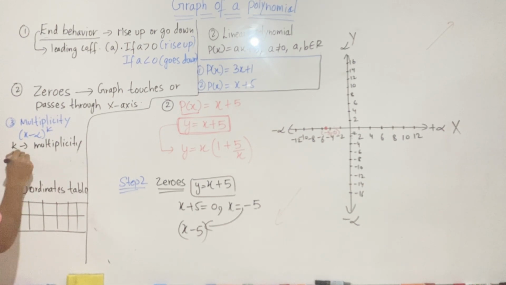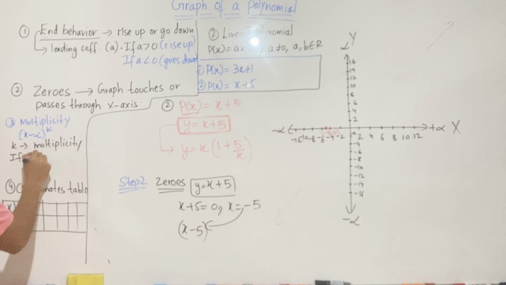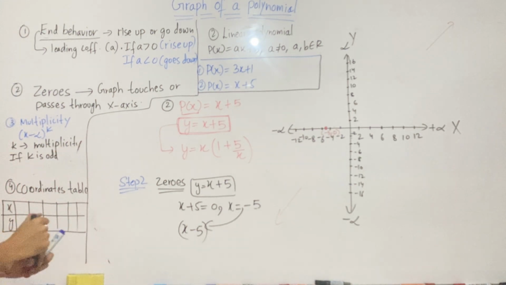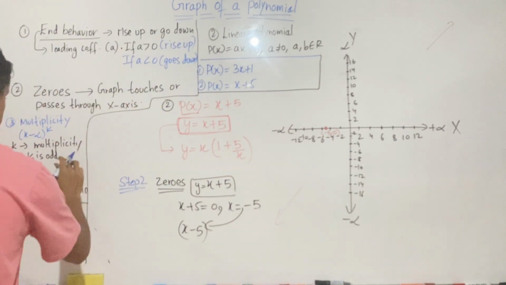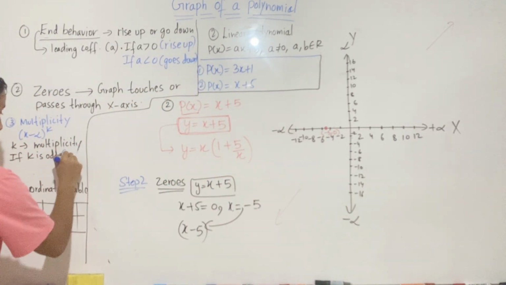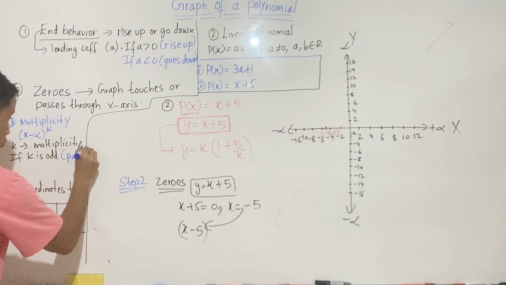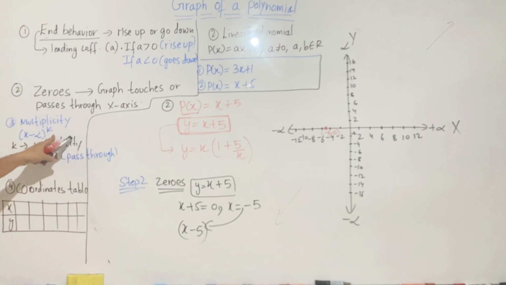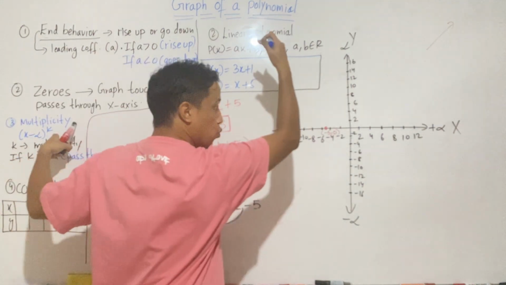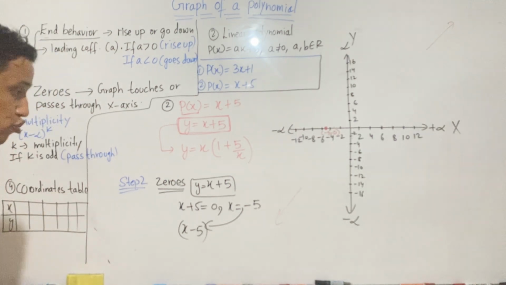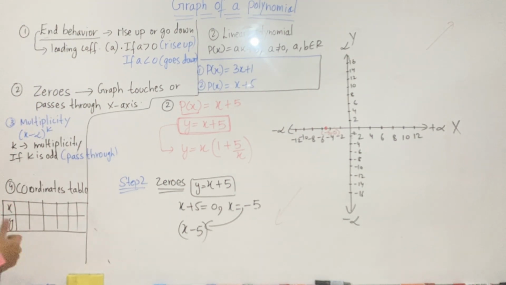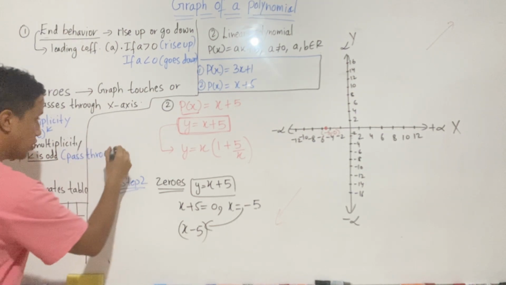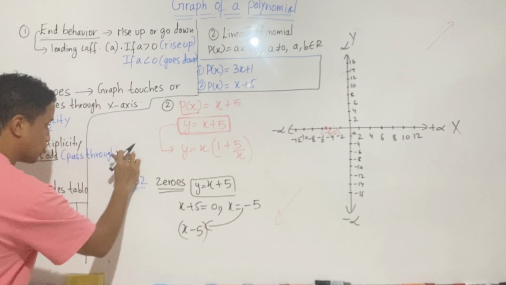If k is odd, that is, if your multiplicity is odd, then the curve will pass through the x-intercept.